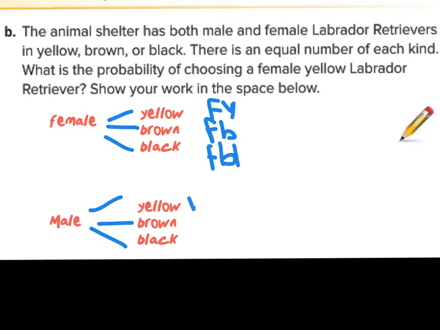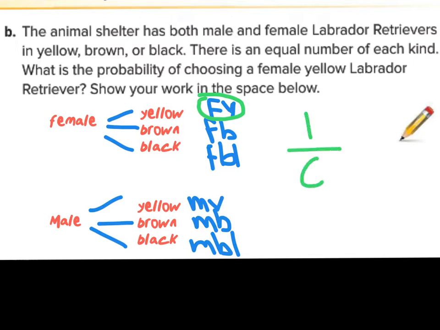Here we have male yellow, male brown, and male black. So we're looking for female yellow right here in the top, right? Female yellow. The probability is only 1 in 6 chances if there's an equal amount of all of these. So 1 in 6 would be our probability.